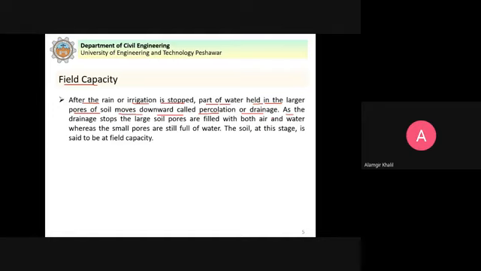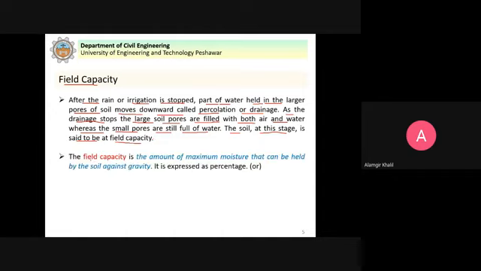As the drainage stops, the large soil pores are filled with both air and water, whereas the small pores are still full of water. The soil at this stage is said to be at field capacity.